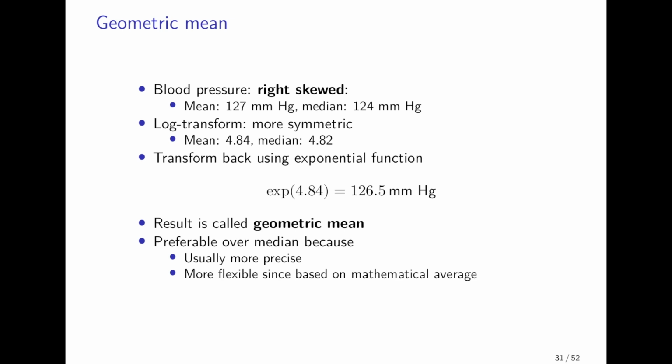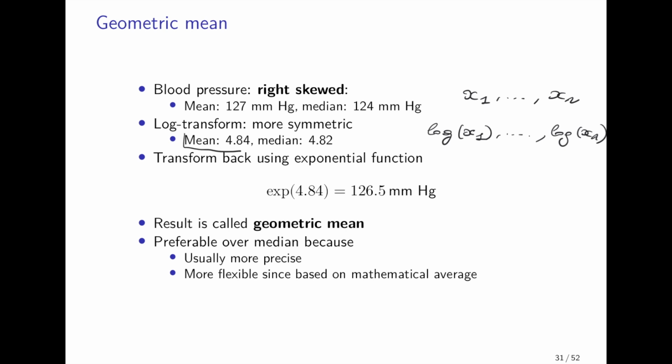Now, if we do a log transform, and by log transform, I mean we take the natural logarithm of all the observations. So if our observations here are x1 through xn, then for this logarithm transformation we're going to compute the logarithm of x1 through the logarithm of xn. These are new observations.